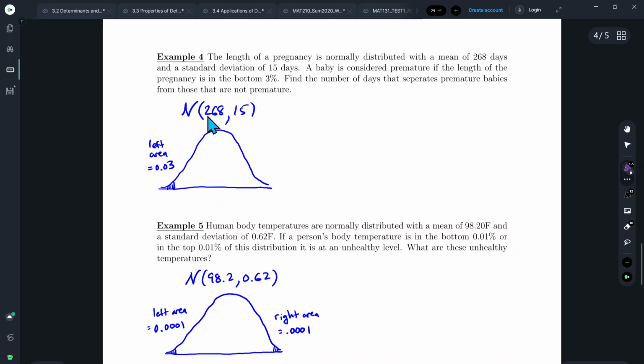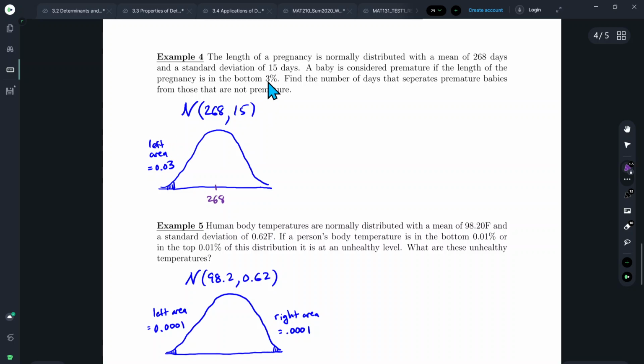So we have a normal distribution with mean 268 and standard deviation 15. If we identify the mean in the normal distribution, it should be in the middle, so 268 is there. This 3% represents an area, the bottom 3%, so it's an area on the left of 0.03.